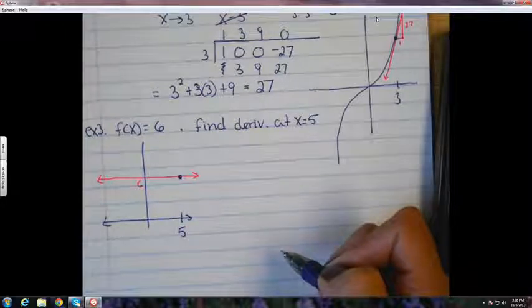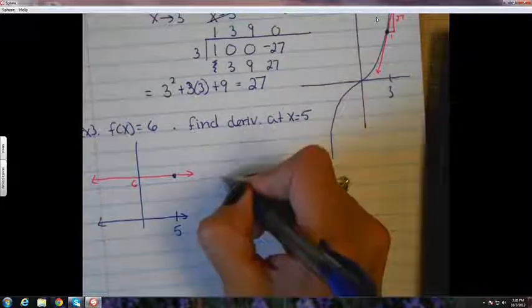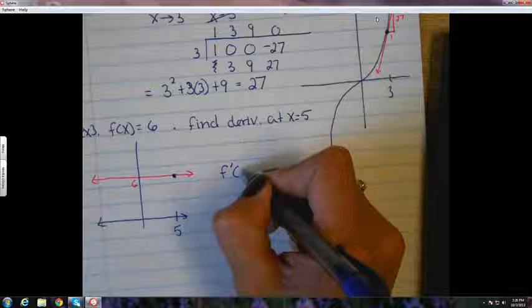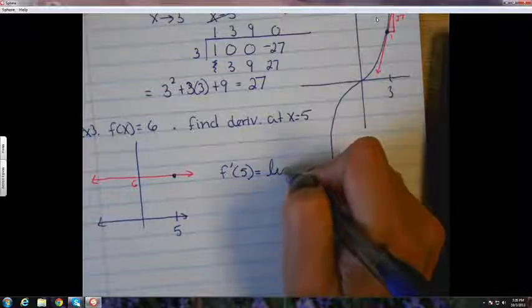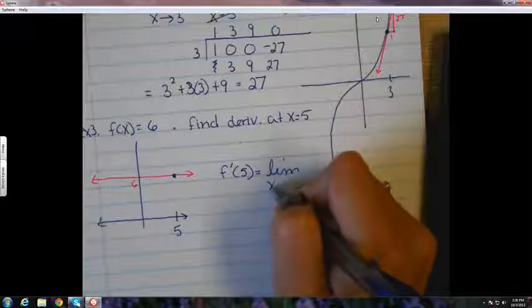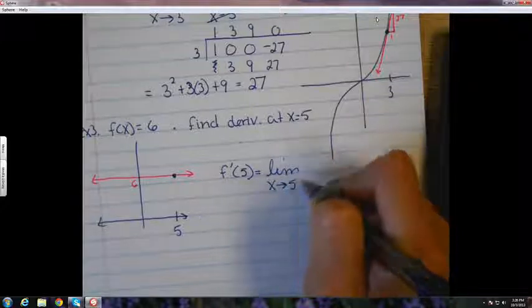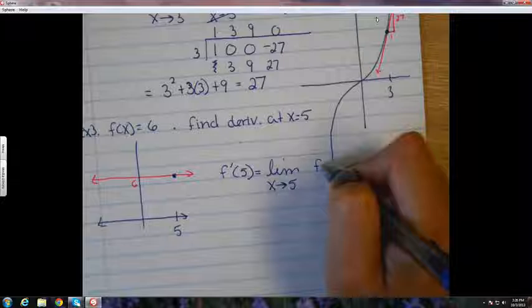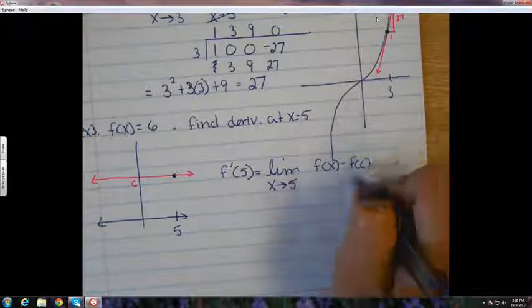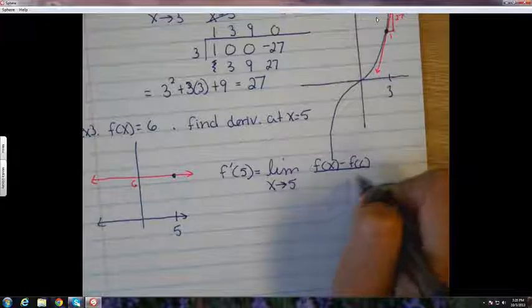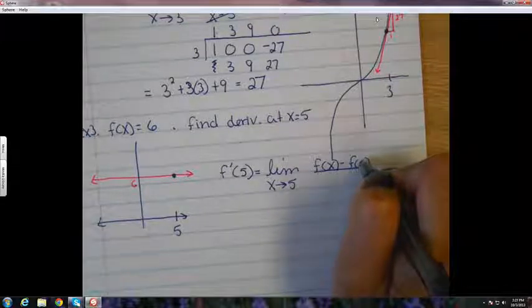using the definition. So f prime of 5 is the limit as x approaches 5 of f of x minus f of 5 all over x minus 5, my bad.